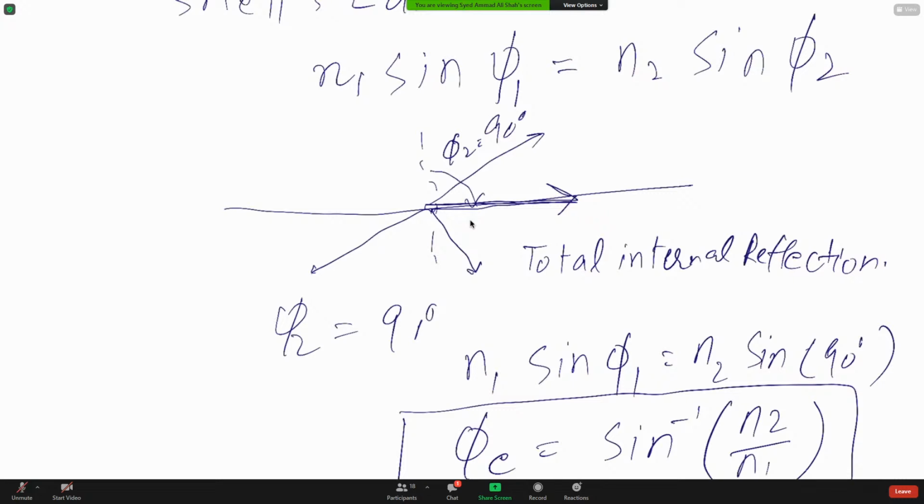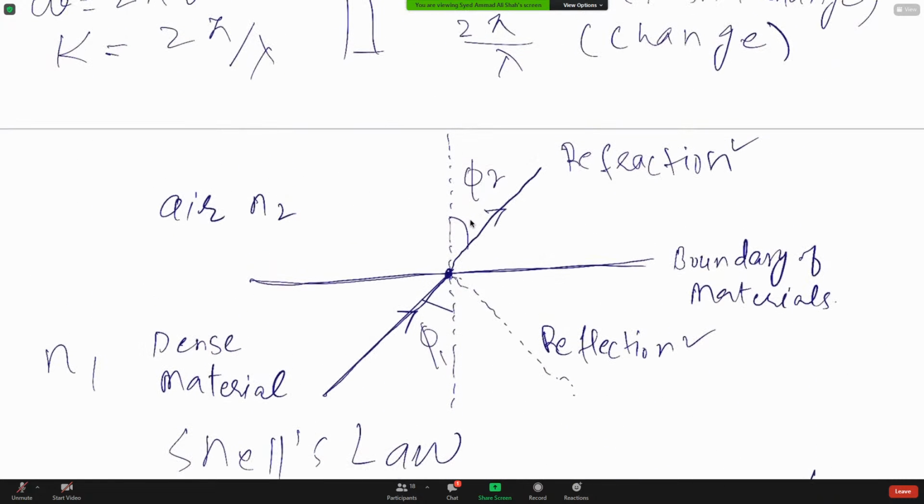So that's the other part, this reflection part. Our target is to keep it inside the denser material. If we keep increasing phi 2, we are bending the light towards the denser material, actually.